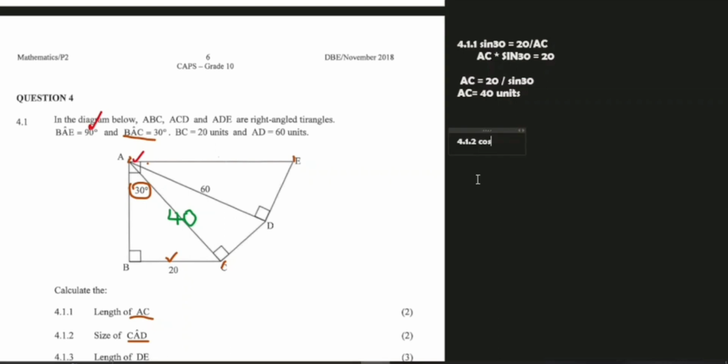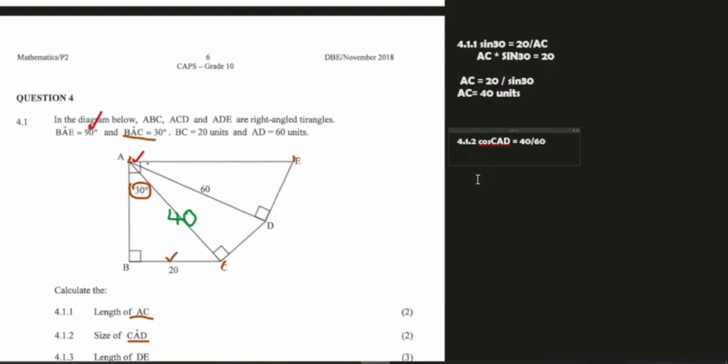Cos CAD is equal to adjacent over hypotenuse. Our adjacent is AC, which is 40 units, over our hypotenuse, which is 60 units.